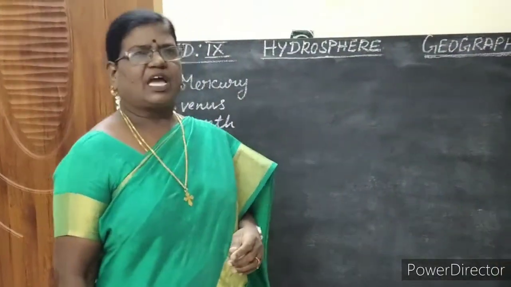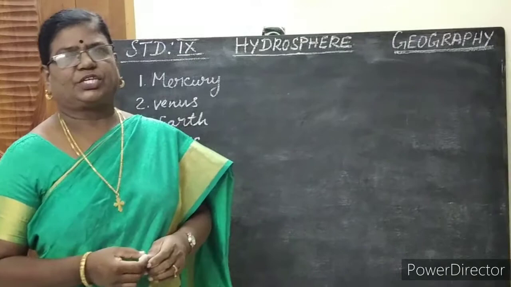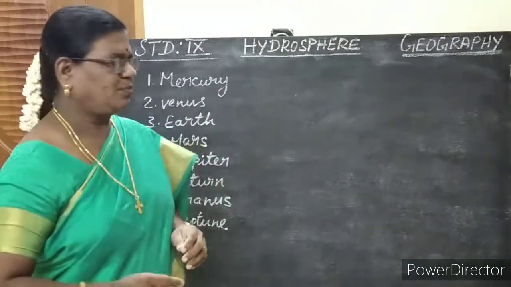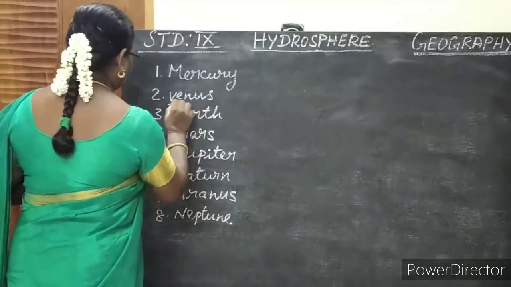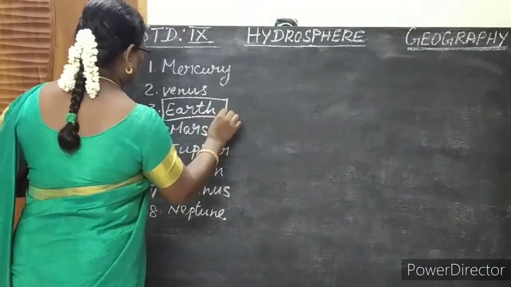Dear children, our planet Earth consists of 4 spheres. How many spheres? 4 spheres.